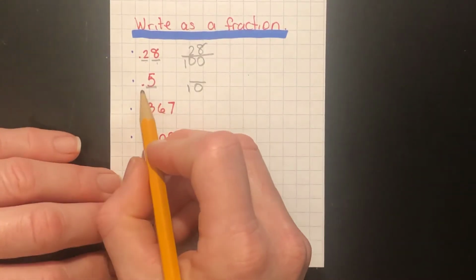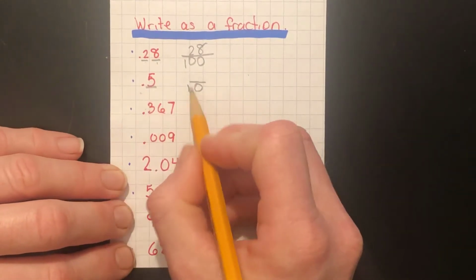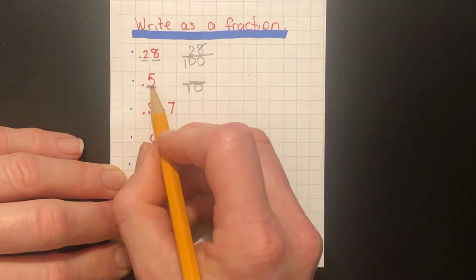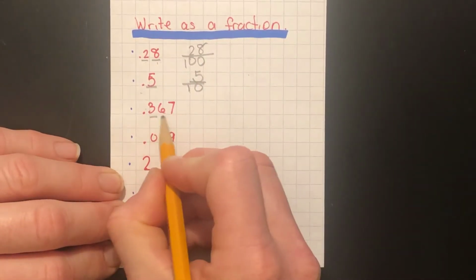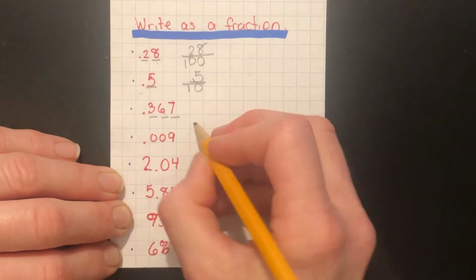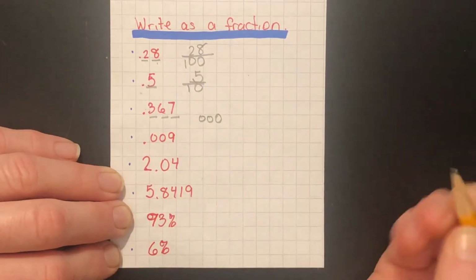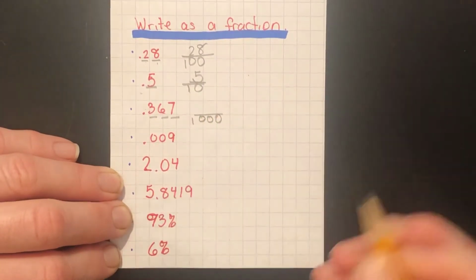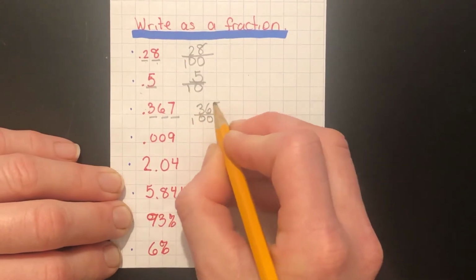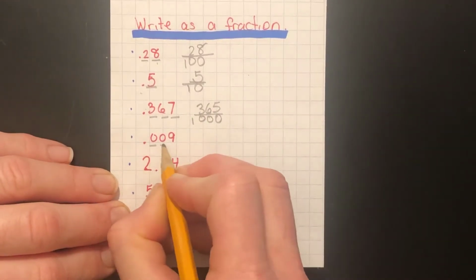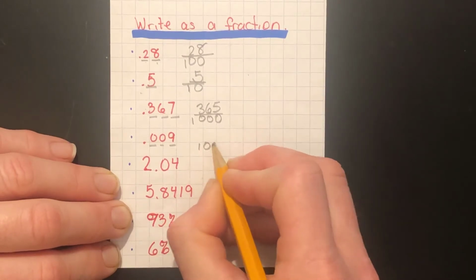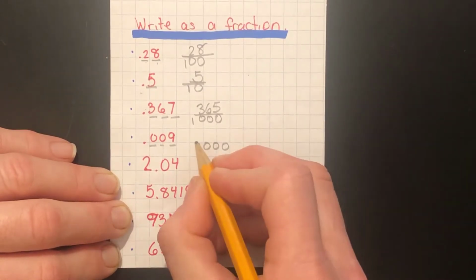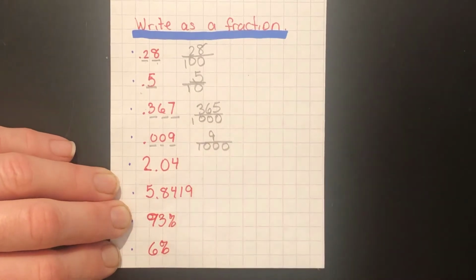There's 1 digit after the decimal, so my denominator will have 1 zero. 5/10. We've got 1, 2, 3 digits after the decimal, so I'm going to have 1, 2, 3 zeros. 365. Again, we have 1, 2, 3 digits after the decimal. 9.